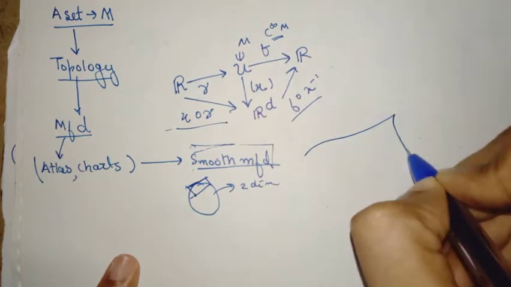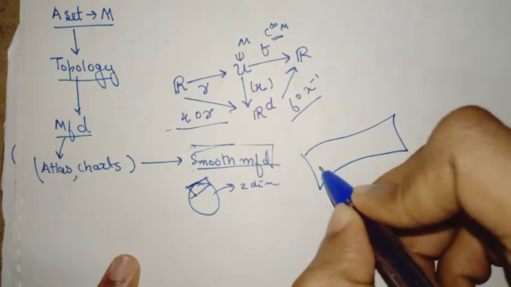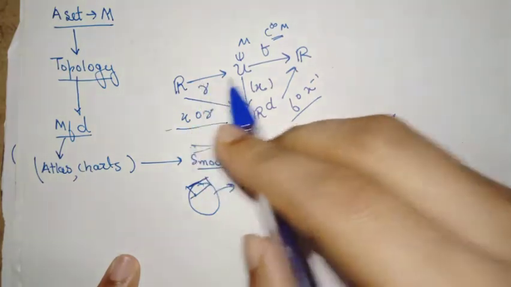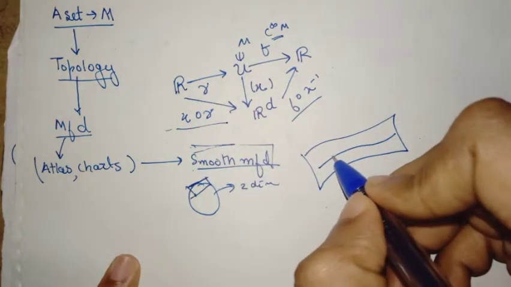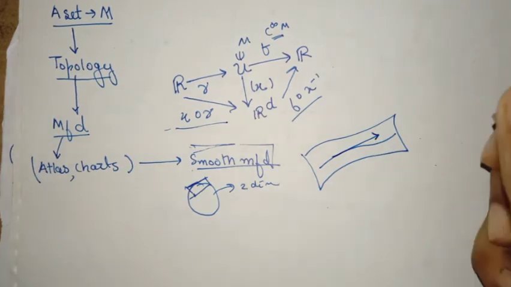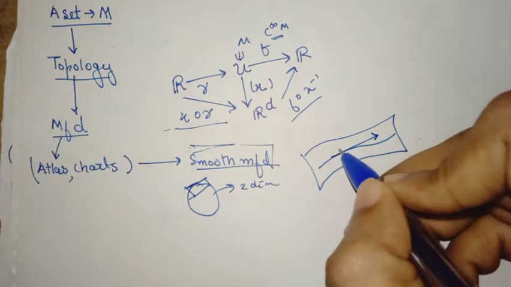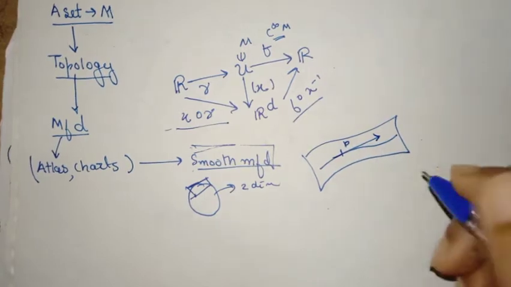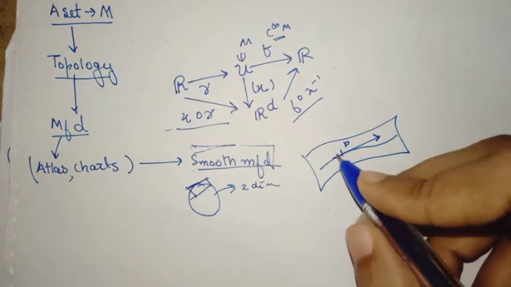So given a manifold and a curve, gamma, you ask what is the directional derivative, in essence, what is the velocity vector to the curve at a point P, and that is basically a map.